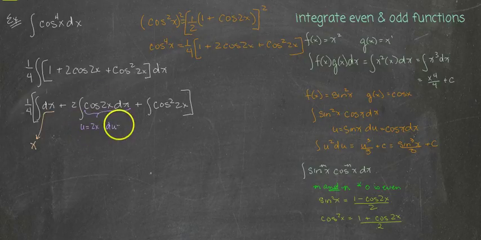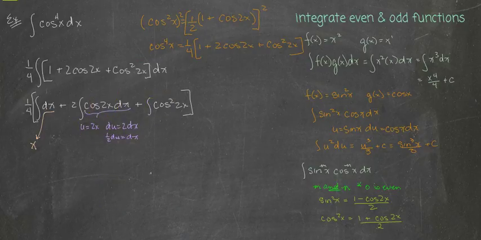So du would be 2 dx, and now divide through: 1/2 du equals dx. So I would substitute 1/2 du for the dx, and then put u in for 2x and integrate from there.